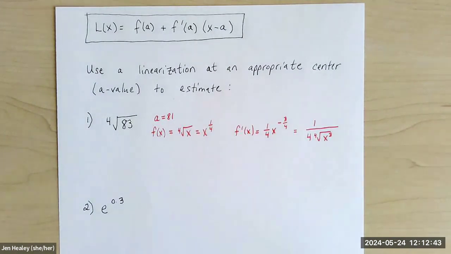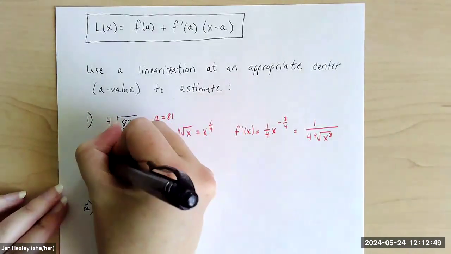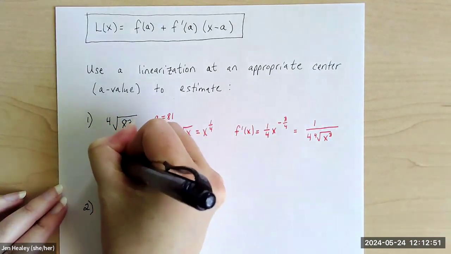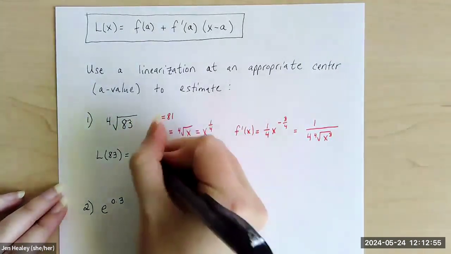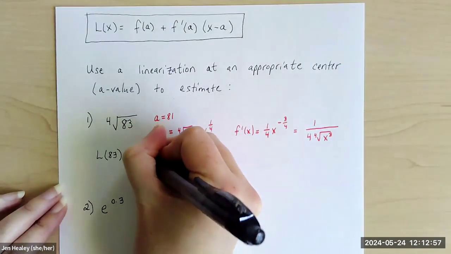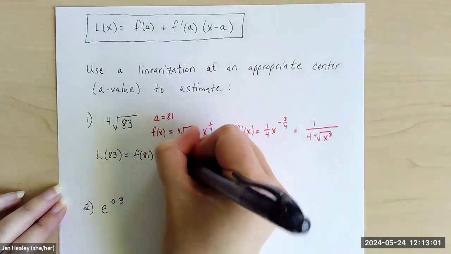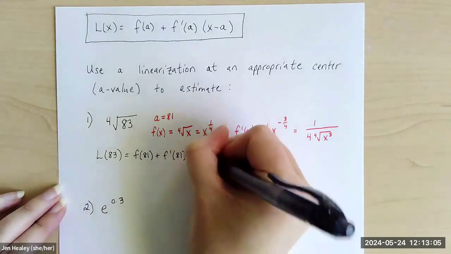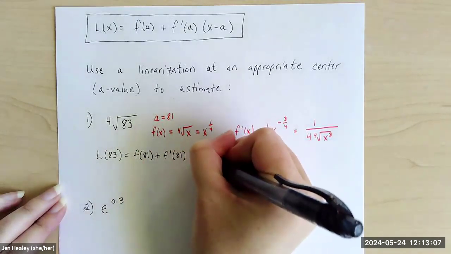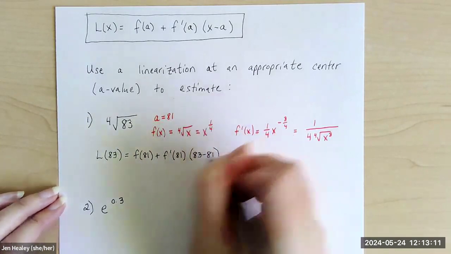So using A equals 81, when we do our linearization, I'm plugging in 83 for the x, and I'm going to do f of 81 plus f prime of 81 times x, which is 83, minus a, which is 81.